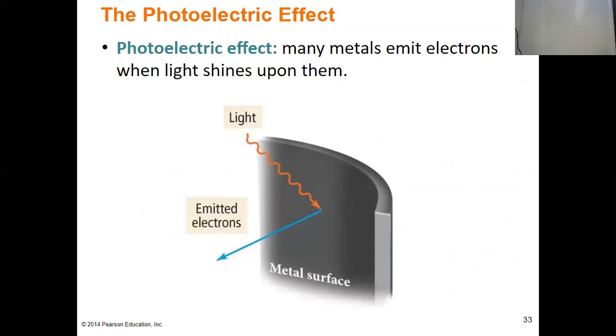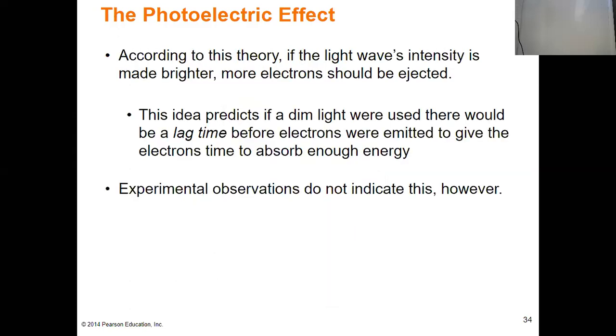We can start to focus in a little bit more on electrons now. What we see when we're looking at electron behavior is that metals tend to release electrons when you shine light on the metal surface. That release of electrons is called the photoelectric effect.